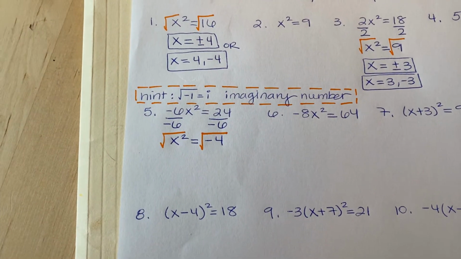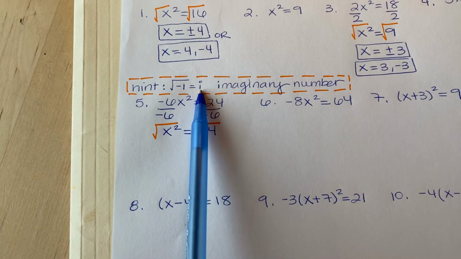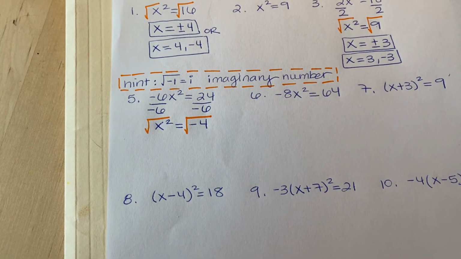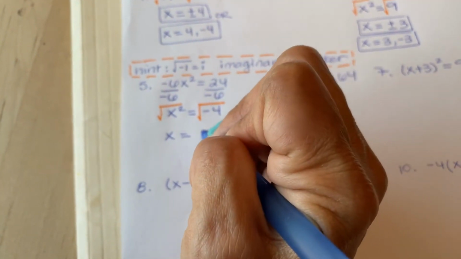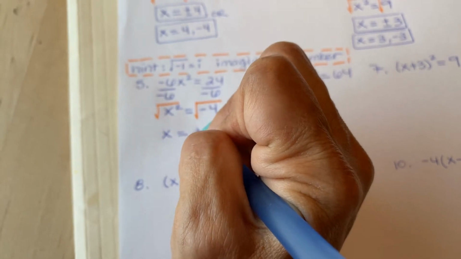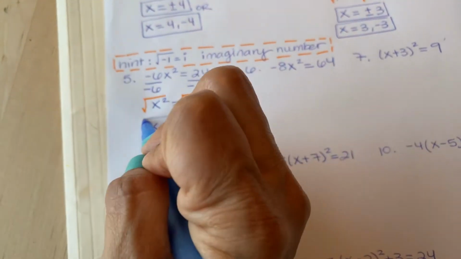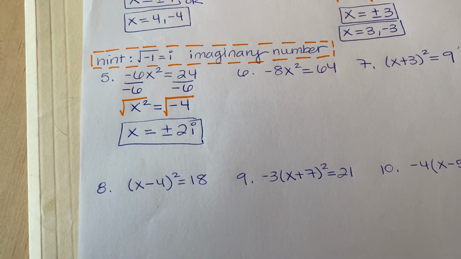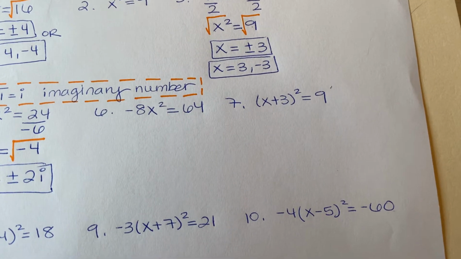And remember, this is where we are getting that -1, and it's going to come out to the i, imaginary. So x is equal to, now the square root of 4 is 2, so it's plus or minus 2i. You'll do 6.